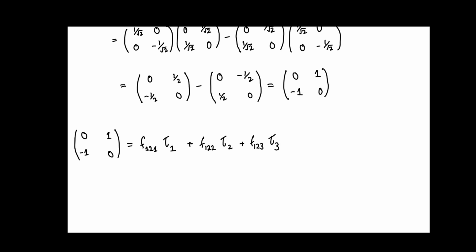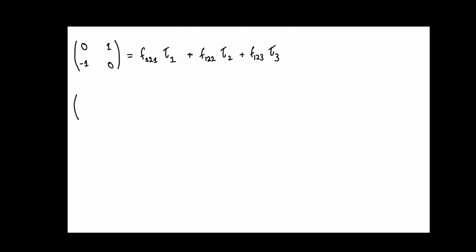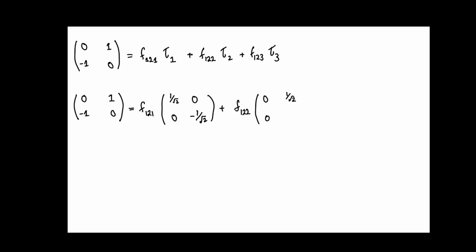If we now replace tau 1, tau 2, tau 3 with the matrices that were given, we get 0, 1, minus 1, 0 is equal to f121 brackets 1 over root 2, 0, 0 minus 1 over root 2 plus f122, 0, 1 over root 2, 1 over root 2, 0 plus f123, which will be 0 minus 1 over root 2, 1 over root 2, 0.